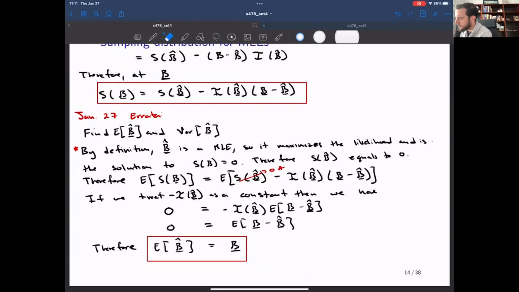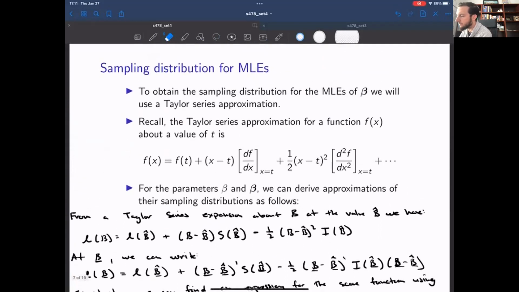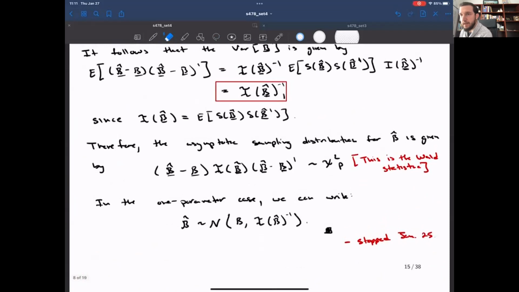Okay, now that we have completed this, we can show that for the vector beta, the sampling distribution is chi-square on p, which represents the number of parameters. And we call this the Wald statistic.